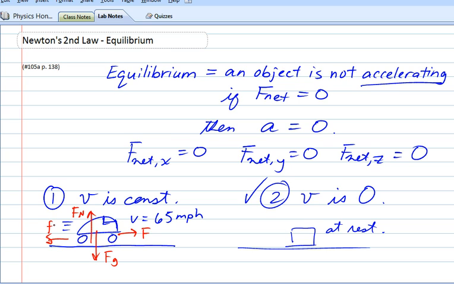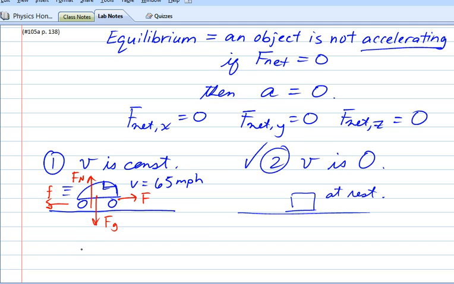And all of those forces are acting, but yet the car is still in equilibrium because the acceleration is 0. And this is a very important conceptual thing to think about. So you want to make sure that you understand that an object can be moving and also be in equilibrium.